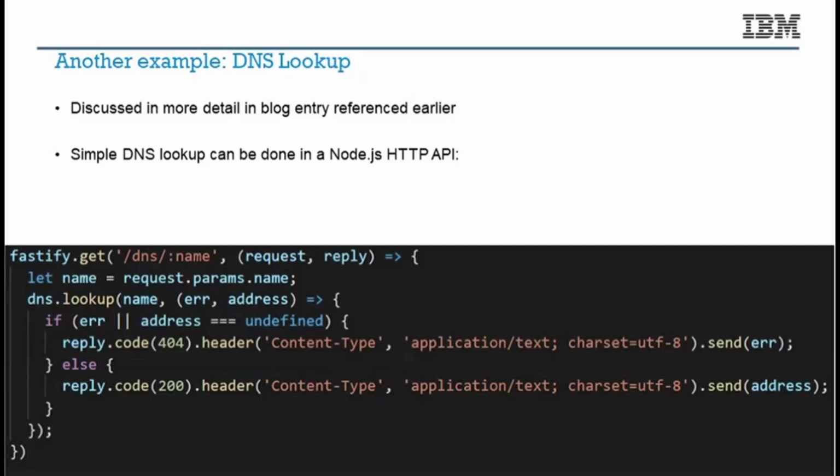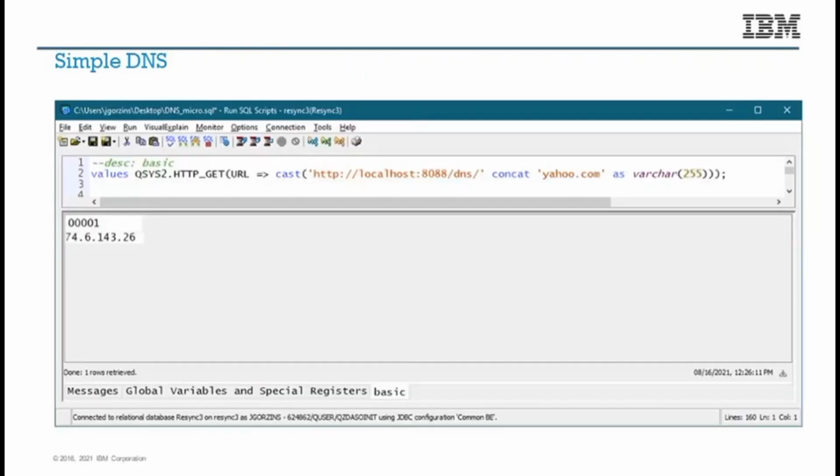And I won't dig through all the code here, but I just said, hey, I'm going to use Node.js, use the Fastify web framework, and I'm going to stand up a simple little application that uses the built-in DNS support in Node.js to look up the host name that you give me and provide the result.